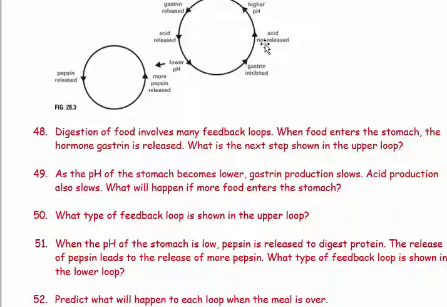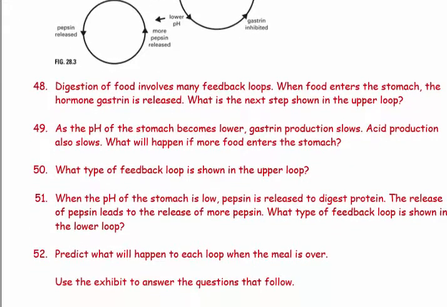Whenever an action leads to an opposite result, this means it's a negative feedback. We said that if the action means more acid, this is going to be a positive feedback, but here the action means less acid, so it's a negative feedback loop. Number 50, the answer is a negative feedback loop.